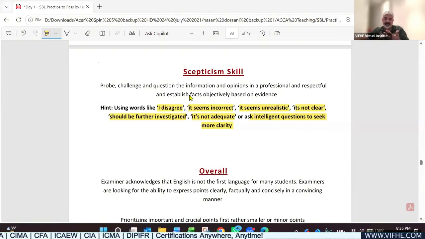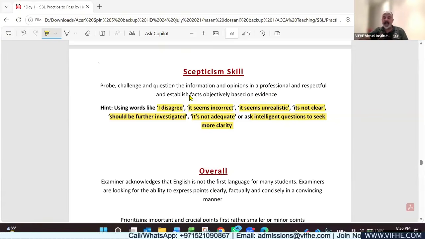Even if you disagree, that's fine, but nobody gives you the right to be aggressive, disrespectful or unprofessional. For example, if I say, I think it's incorrect, does that sound respectful and polite?